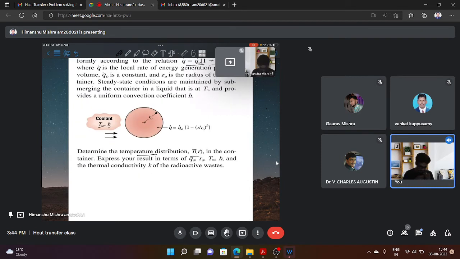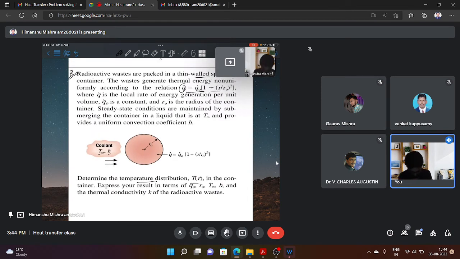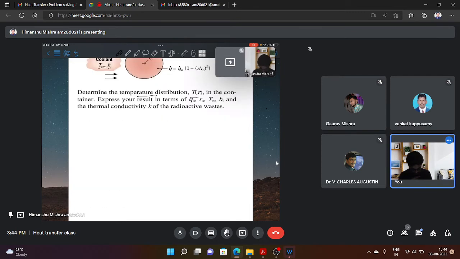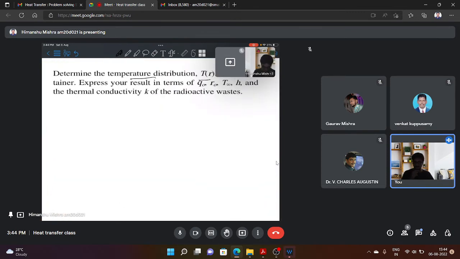So this is the heat generation problem, and we have defined the generation of heat as a function of the radius of the container r. To define the variation of the temperature, we just write down our usual differential equation with heat generation for the spherical geometry, which can be given as 1 by r square.